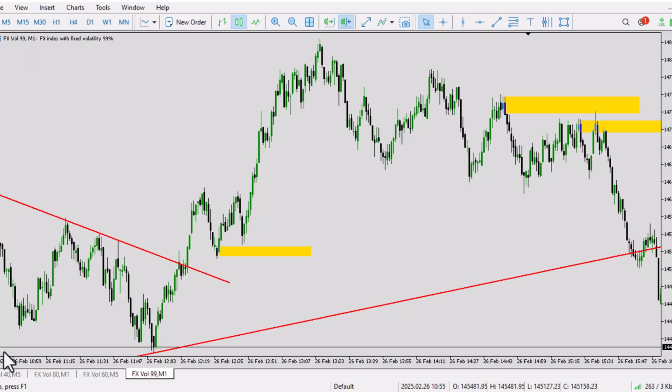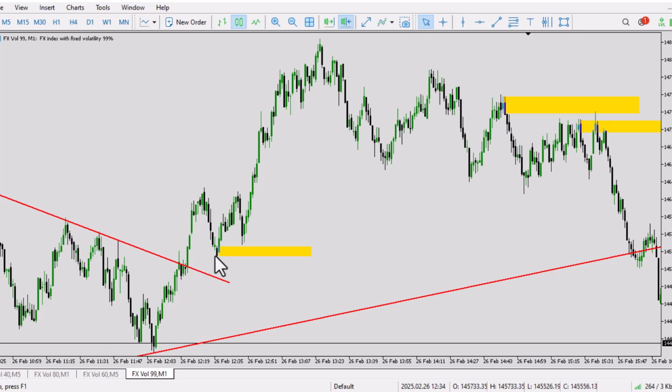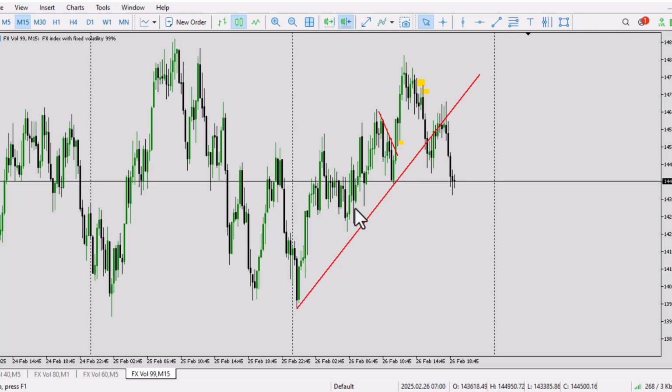And what we want to do right now is go on the M15 and try to get our direction. After getting our direction, we come back. What I'm trying to explain happened before the break of this red line that you see on your charts. It happened when price was giving you these higher highs and higher lows.